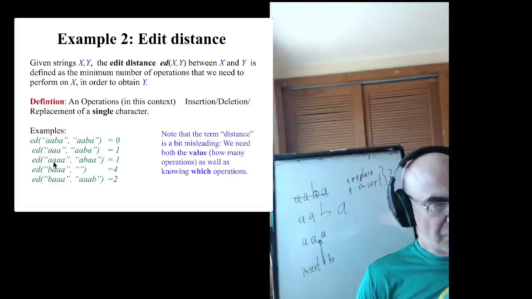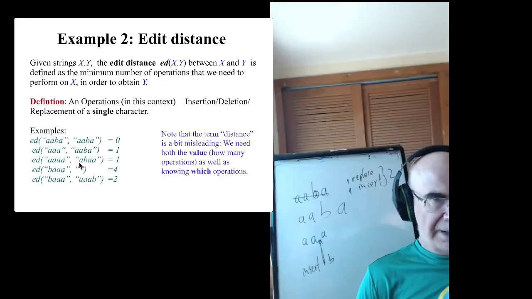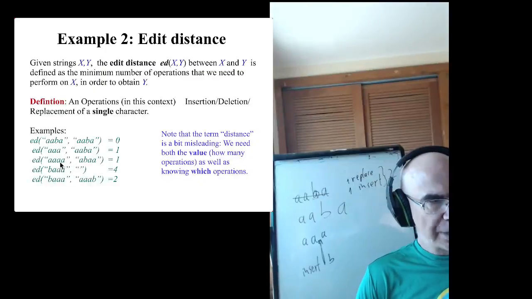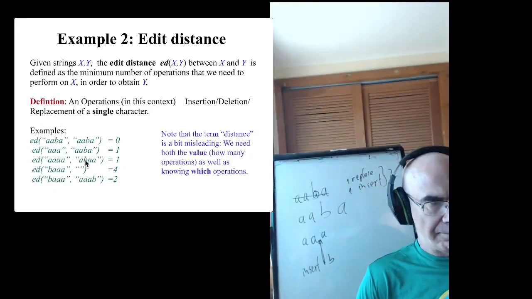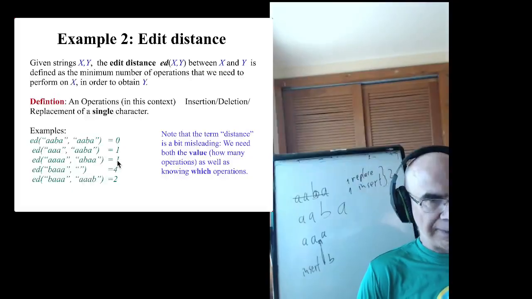Next, what about AAA into ABAA? Again, you can perform deletion, insertion, deletion, or various other operations. The cheapest one is just take the second A and replace it by a B, so the distance is 1.